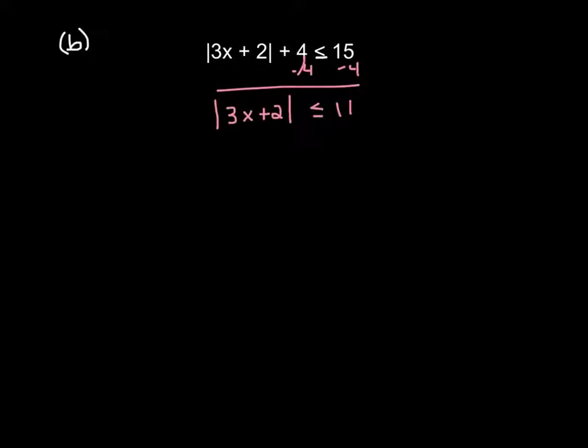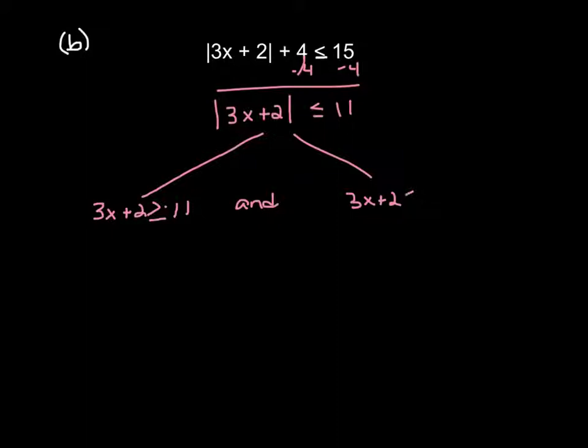Less than is case 3. So this is going to be 3x plus 2 is greater than or equal to negative 11, and 3x plus 2 is less than or equal to 11. So this is an AND problem or an intersection. So we'll solve for x on both inequalities.